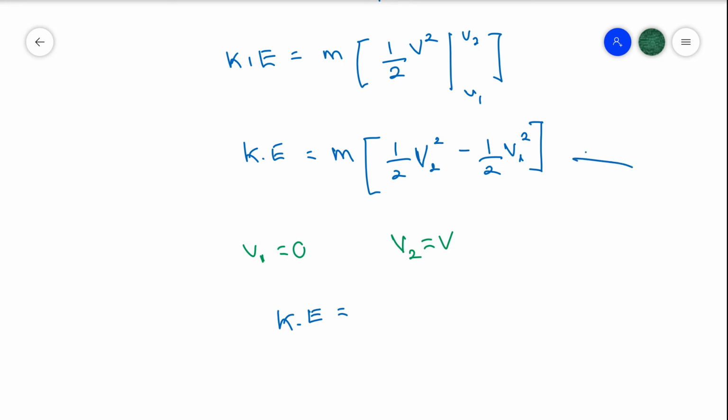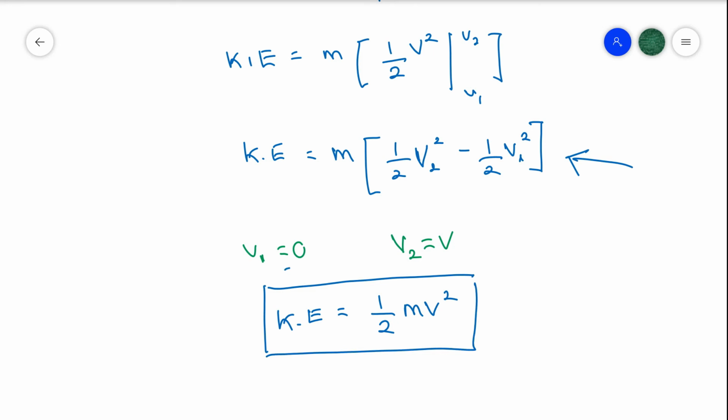Over here it is the change in kinetic energy when the object moves from a velocity v1 to a velocity v2. But at the moment, the current kinetic energy that the object has is at v2. So therefore we can say kinetic energy is equal to half mv squared, because when v1 becomes 0, this quantity will get cancelled out.